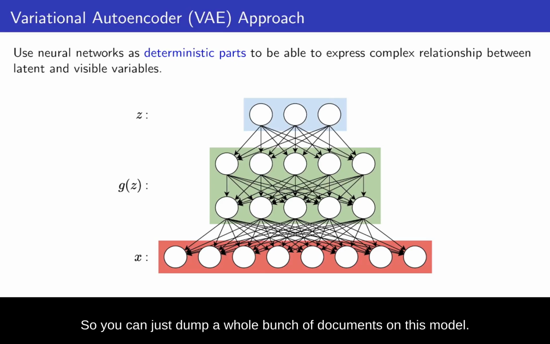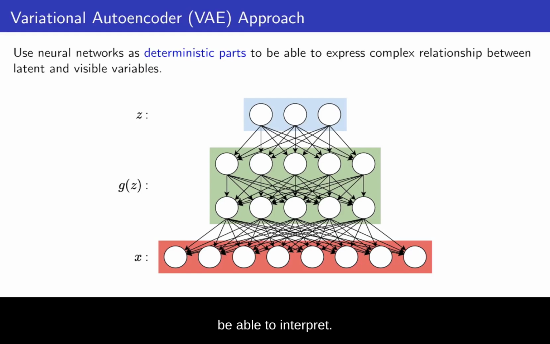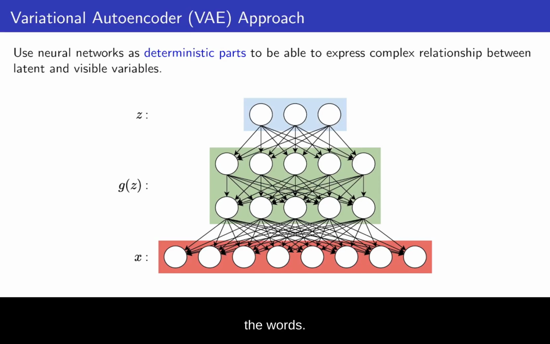You can just dump a whole bunch of documents on this model, and in the end it will learn these factors z that you will then later on hopefully be able to interpret. It's not like you're actually choosing the first topic and then generating the words. This is just a modeling assumption. So in the end you want to learn these factors by itself.